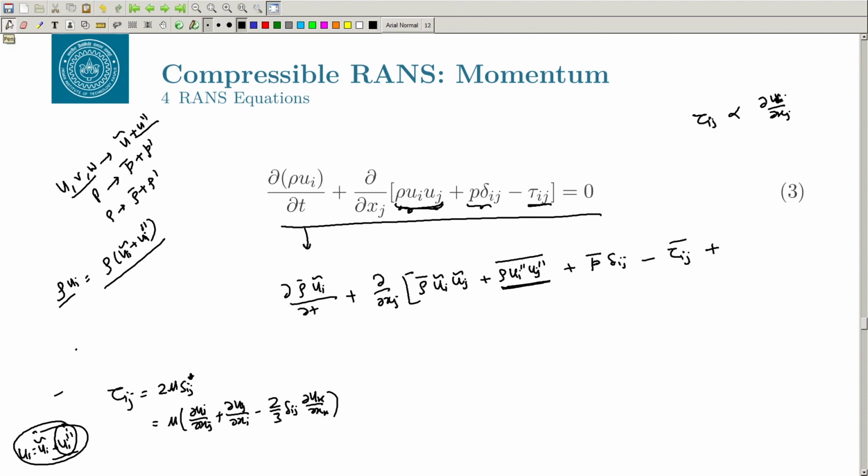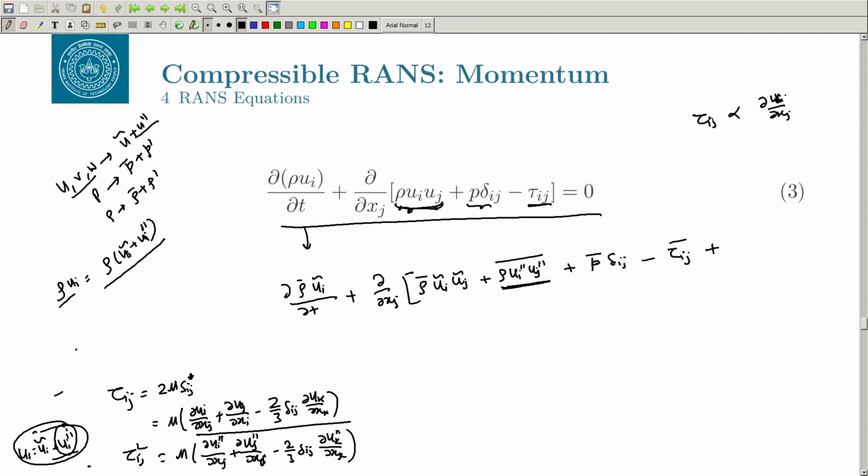There will be a term which I call tau_ij L, and that will be basically mu times (del u_i double prime by del x_j plus del u_j double prime by del x_i, minus 2 by 3 delta_ij del u_k double prime by del x_k), and you are taking an average of that.